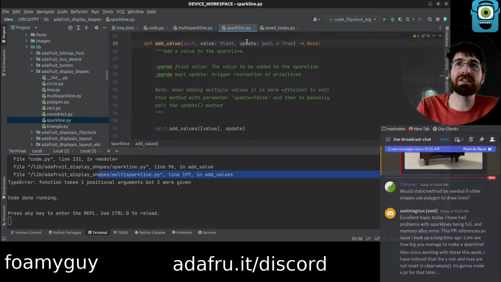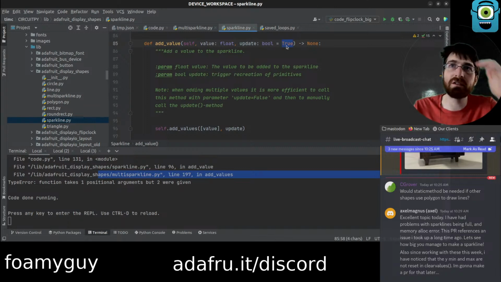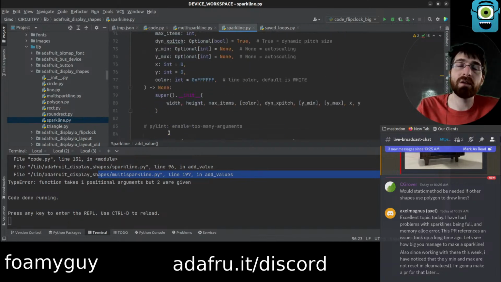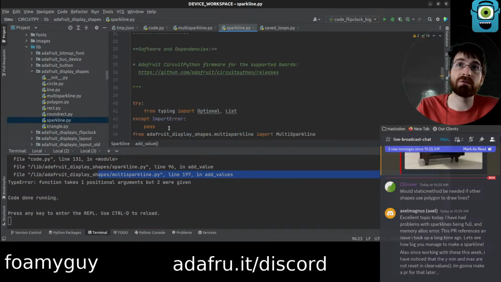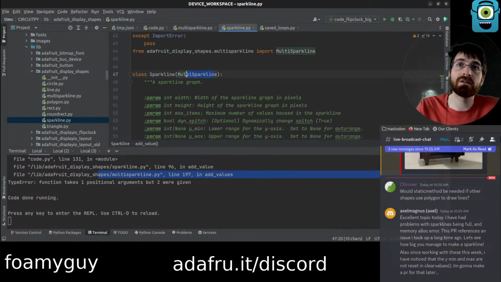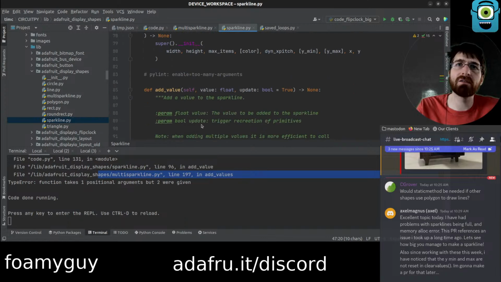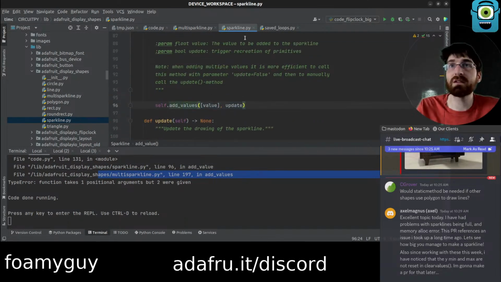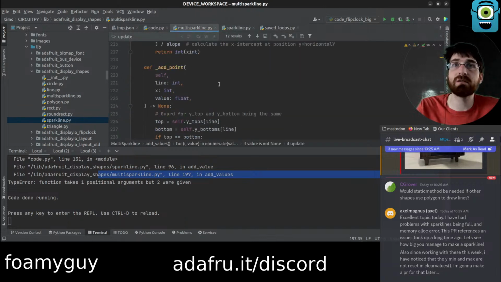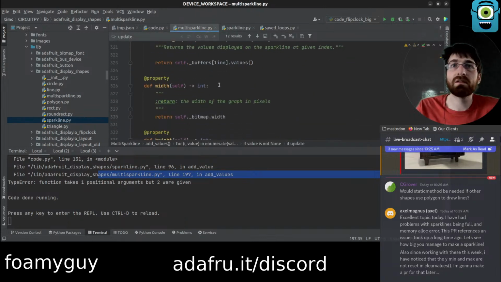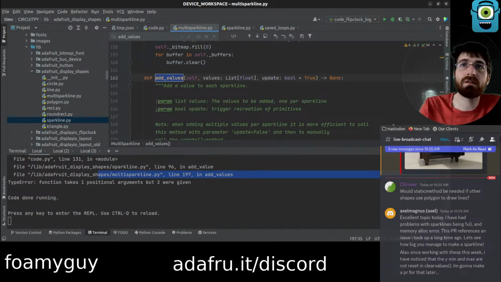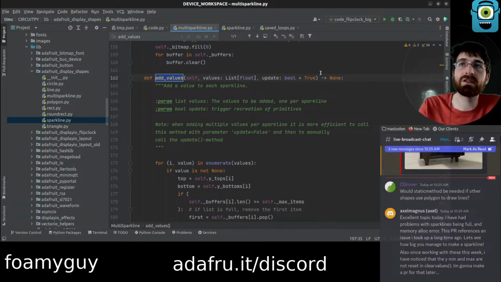We did not pass update, but it's defaulted to true here, which should have passed through self.update, self.addValues, which would actually be super parent.addValue. Add values, actually, there's an S on the end. So that's going to be going into here. This one also does default to true.